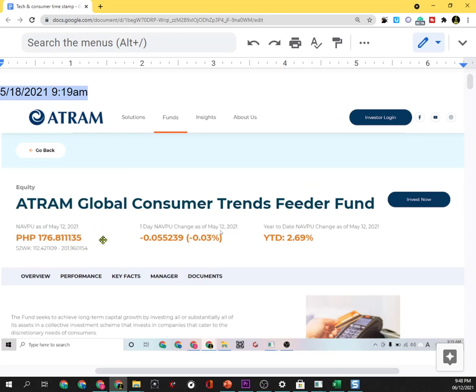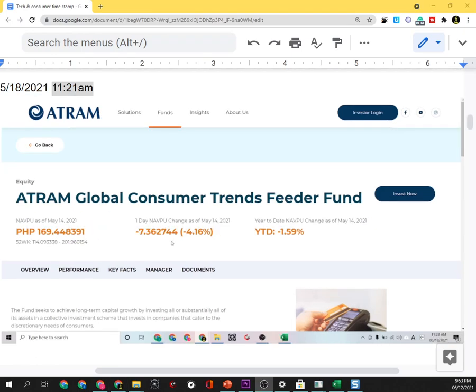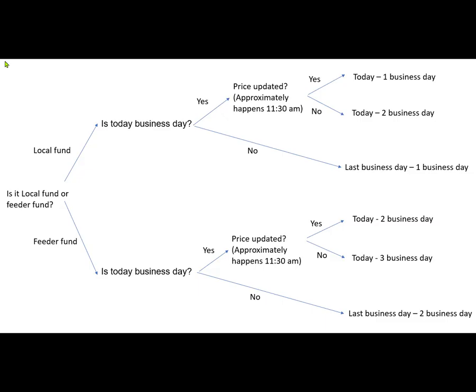So let's now take a look at the second example, which is an ATRAM Global Consumer Trends Feeder Fund that was screenshotted on May 18, 2021 at 11:21 a.m. So the time is approximately 11:30 a.m., and if you compare with the first example, as you can see here, the price is already updated. Going back to the flowchart, the first question, is it a local fund or feeder fund? This is a feeder fund. Is today a business day?